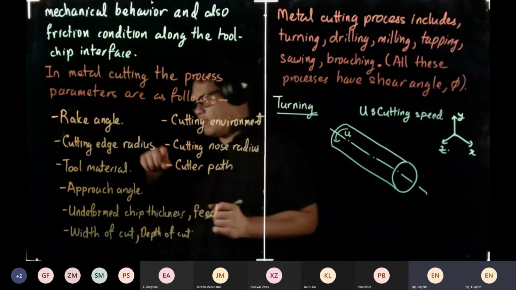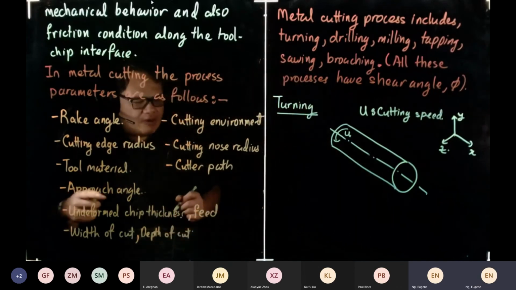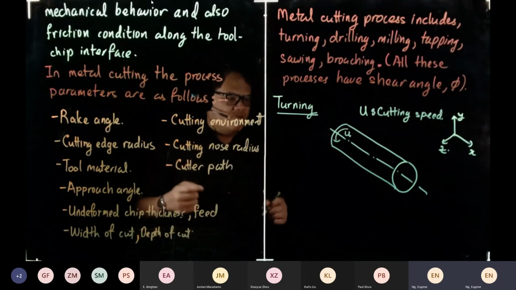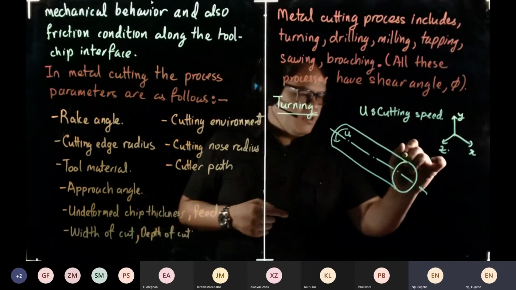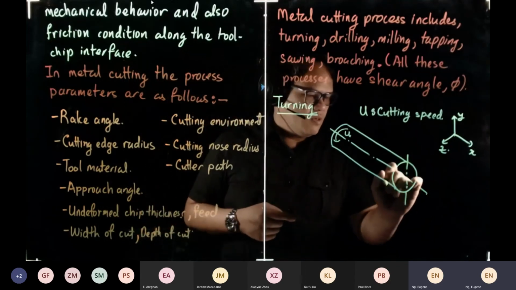How fast the material moves is controlled by the RPM, or revolutions per minute. And then this is our axis, the workpiece.